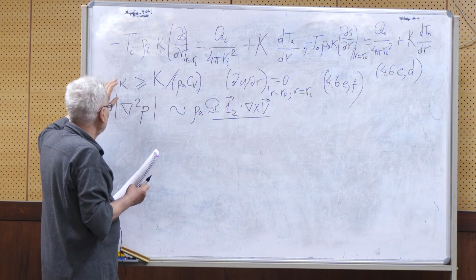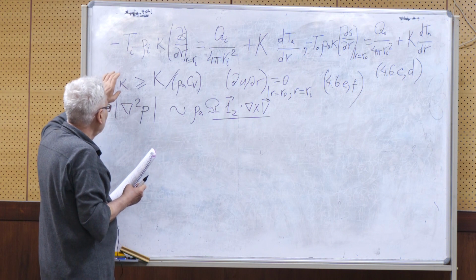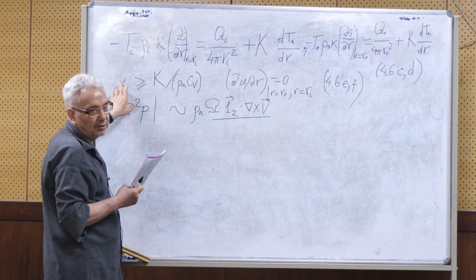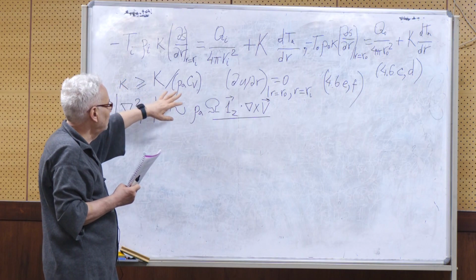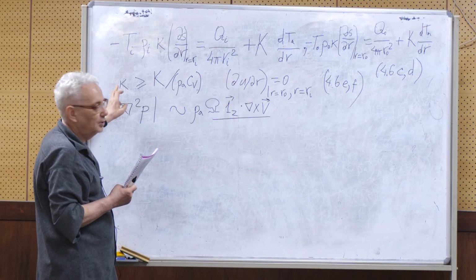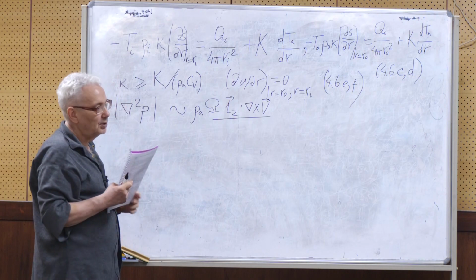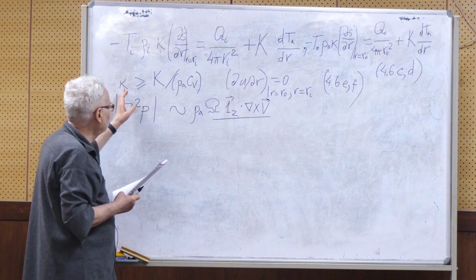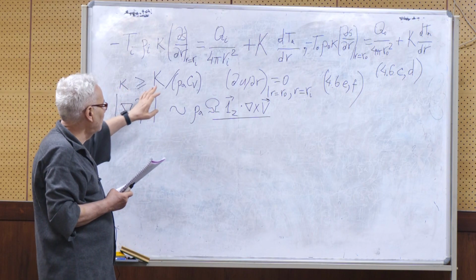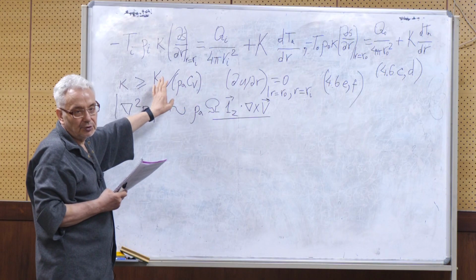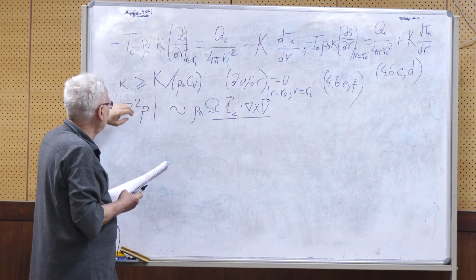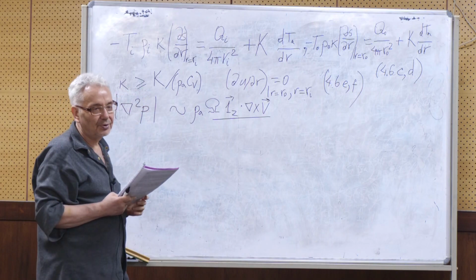So usually people choose a much larger transfer coefficient, this one. This is usually known well, but that one is known not so well, very poorly. And people argue that this is a turbulent coefficient, much larger than the corresponding kinematic molecular coefficient. And so they work and they solve the problem.